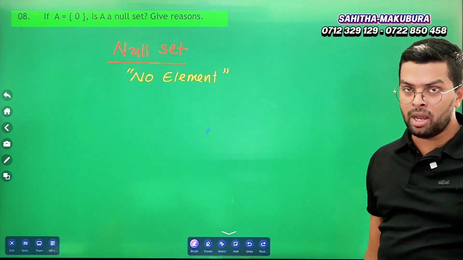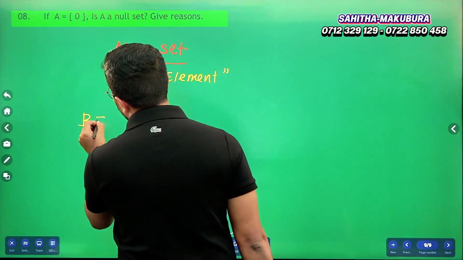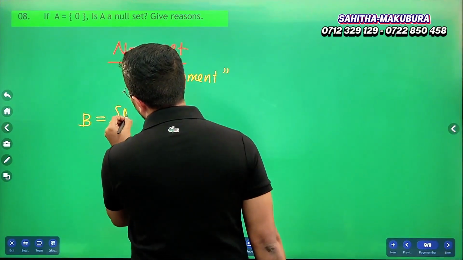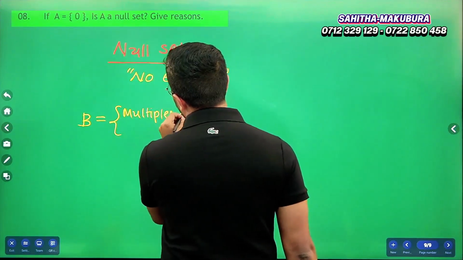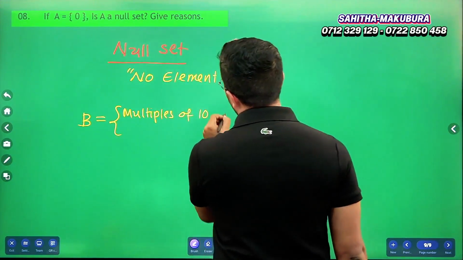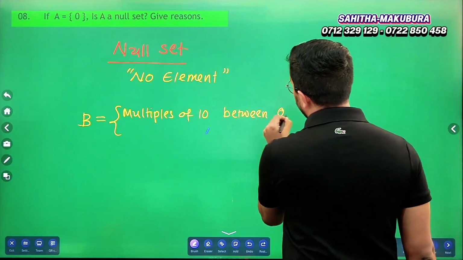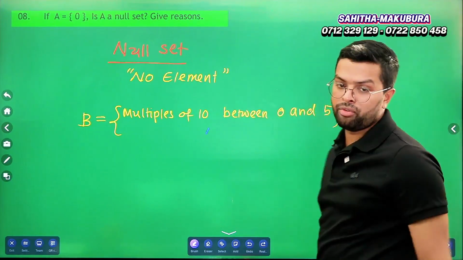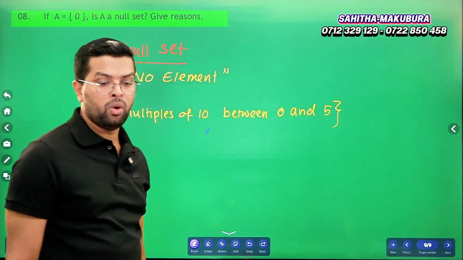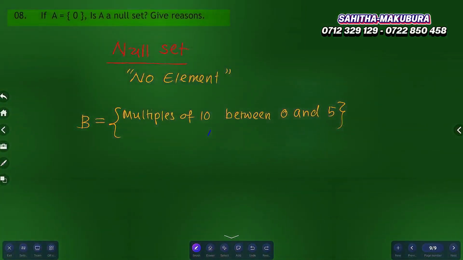Can I tell you an example? Let's consider the set B. Set B is, let's say, multiples of 10 between 0 and 5. Do we have multiples of 10?